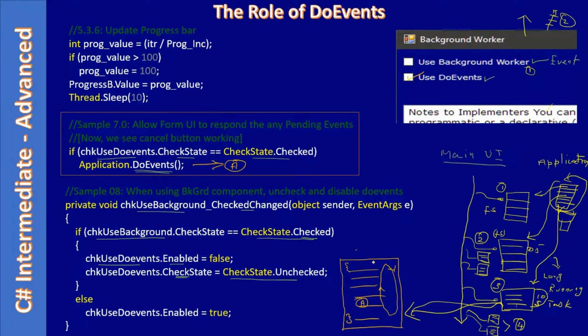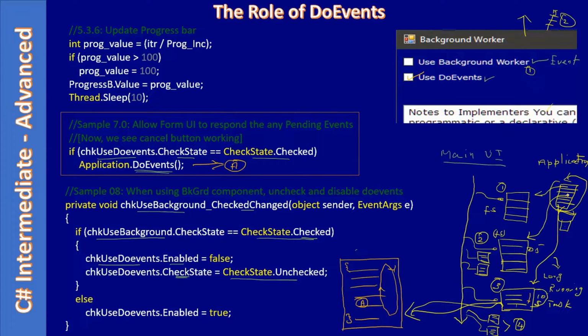So what happens after processing one character, it will ask the application to do the events. So in that case, what happens? Now consider this picture. Application is running here, and at this stage we are deliberately asking the application to do the event.